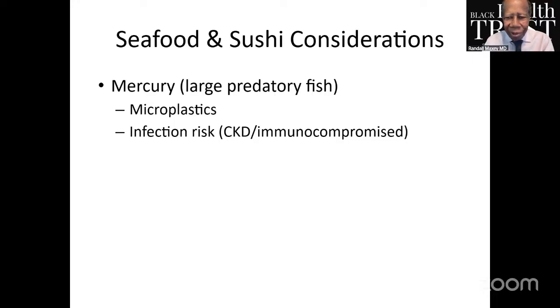Dr. Neighbor-Stephens. Ooh, this is another one of those seafood and sushi considerations. We have a serious problem with mercury pollution in all of our big waterways, and I don't mean our lakes, I mean our oceans. We also have major plastic pollution, both macro and micro, in our oceans and our waterways.